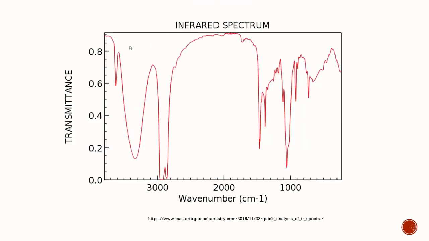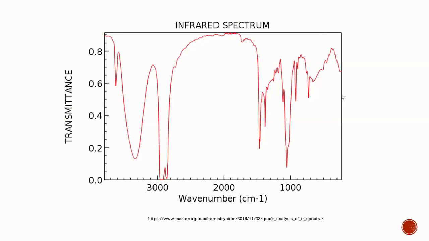This is an infrared spectrum, in which you can see on the x-axis there is wave number in centimeter inverse, and on the y-axis there is transmittance, and these are the bands. Now why are these represented as bands and not peaks? I have already discussed the different energy levels that are electronic, vibrational, and rotational in UV visible spectroscopy.